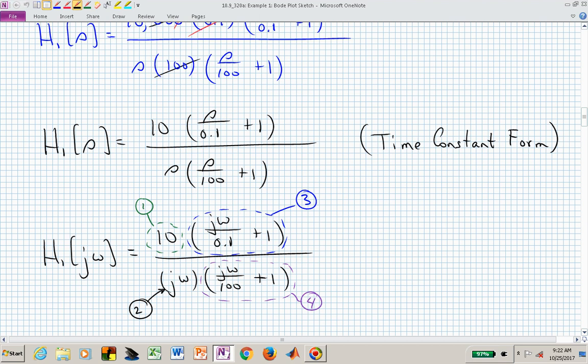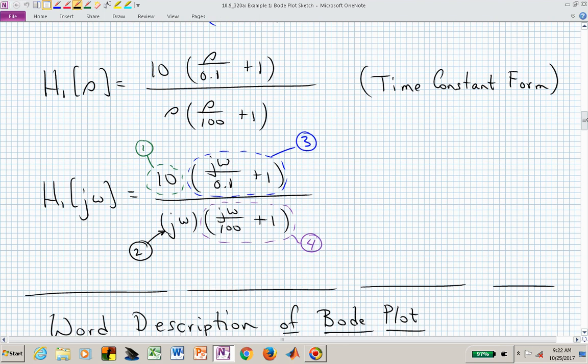Hopefully I can keep track of those colors, and as I'm sketching the individual pieces, we'll use those specific colors to try to make it clear which piece goes with what, and the final total Bode plot will try to be in red. So that's the objective.